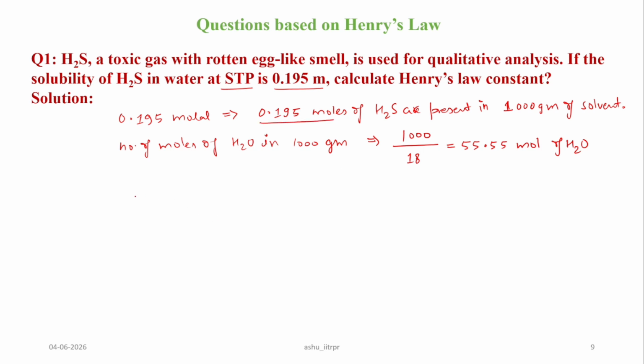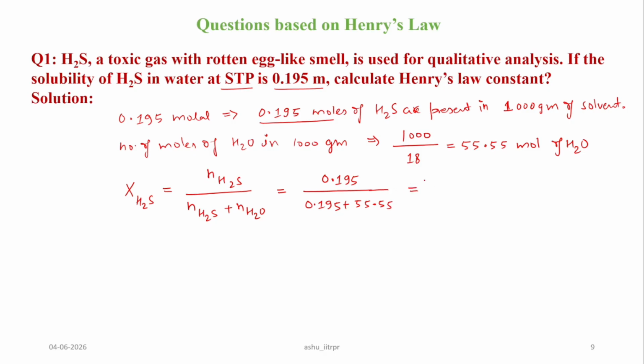So from this we can calculate the mole fraction of H2S. Mole fraction of H2S is what? Number of moles of H2S divided by number of moles of H2S plus number of moles of water. So 0.195 divided by 0.195 plus 55.55.